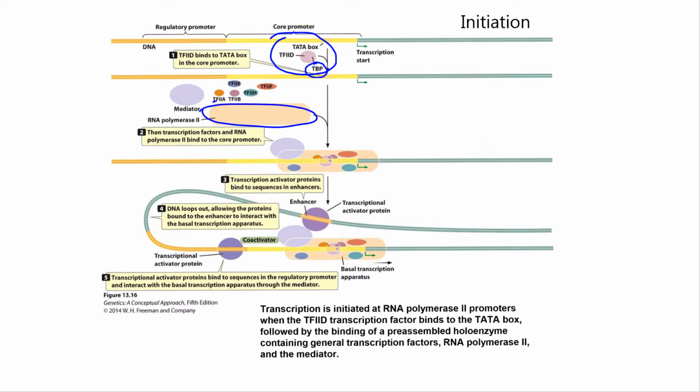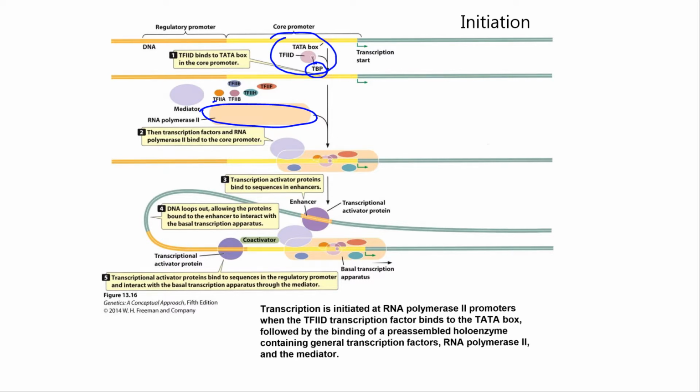You remember the TFIIB binding site on the promoter. There are additional basal transcription factors besides TFIID: TFIIB, TFIIA, TFIIH, F, and E. These general transcription factors assemble and attract RNA polymerase right here.